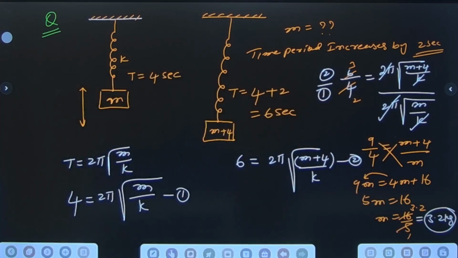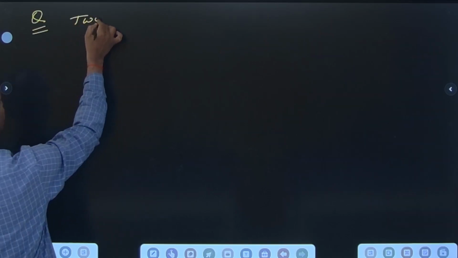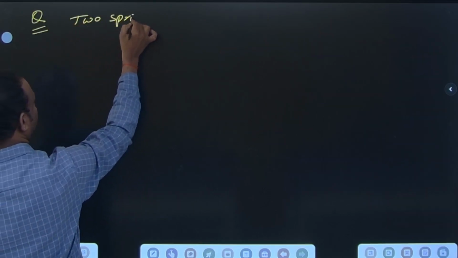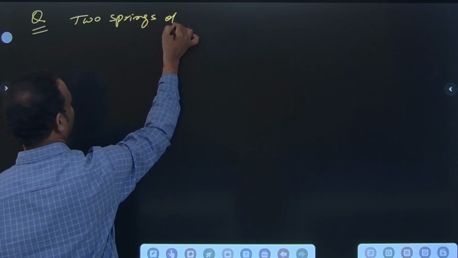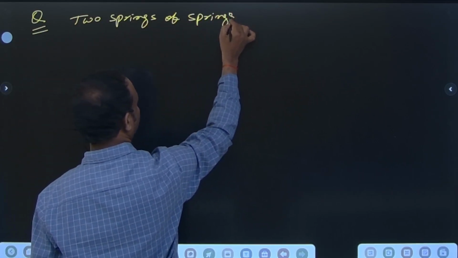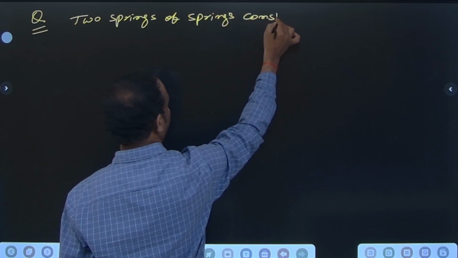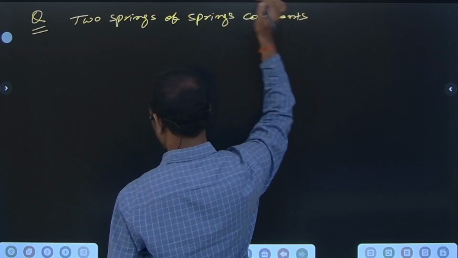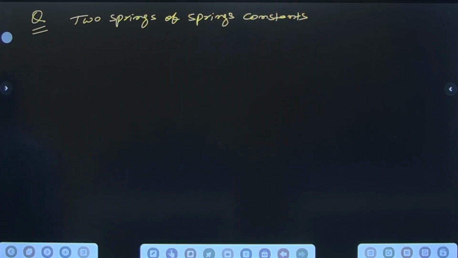This is a question based on the time period of a spring mass system. And next one, I'm writing a question on this. Two springs of spring constants K1 and K2.